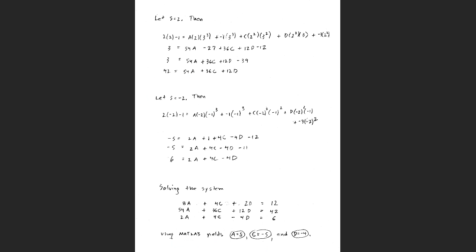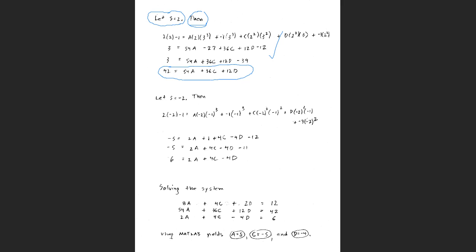So just write this in your notes. Let s equals 2. Then you'll get the equation 42 equals 54a plus 36c plus 12d. All the work is similar to what you did previously.